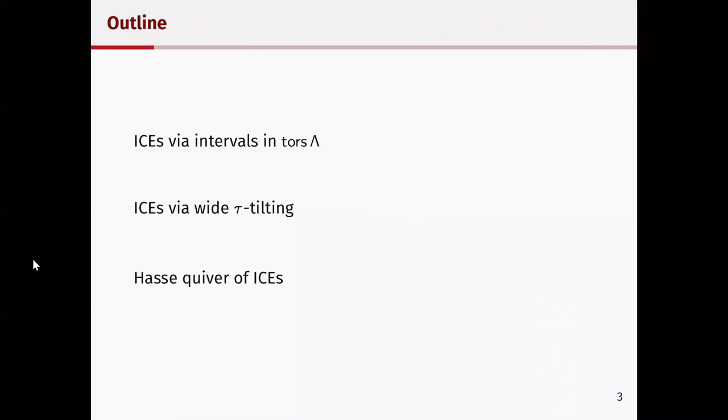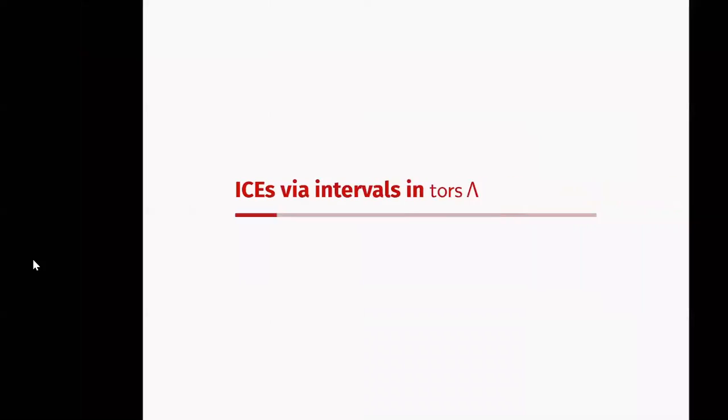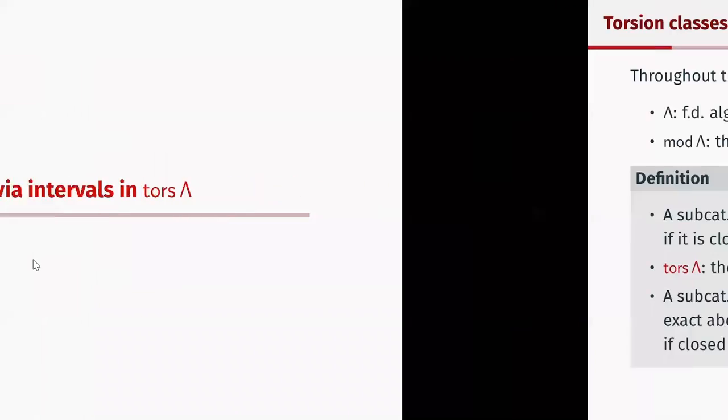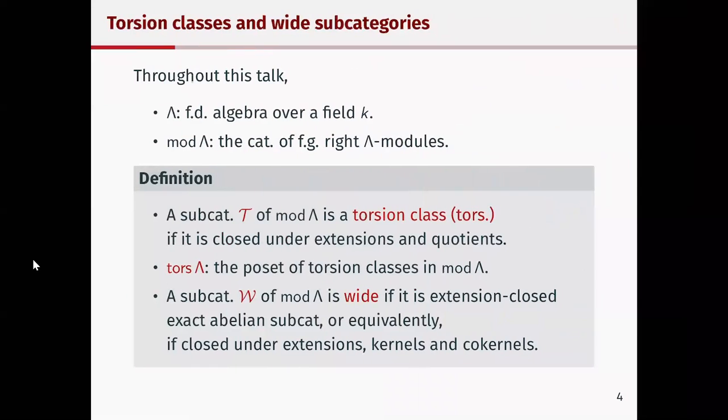So now let's start the first section. Maybe most of you know what torsion classes and wide subcategories are, so we just recall the definition and setting. Throughout this talk, lambda is a finite dimensional algebra over a field K, and mod lambda is the category of finitely generated right lambda modules.